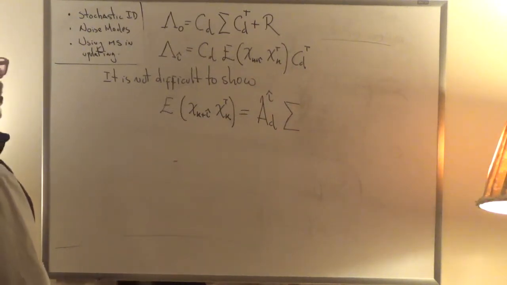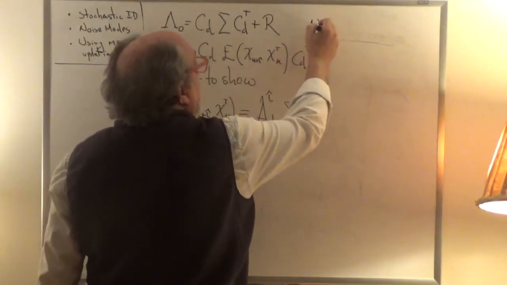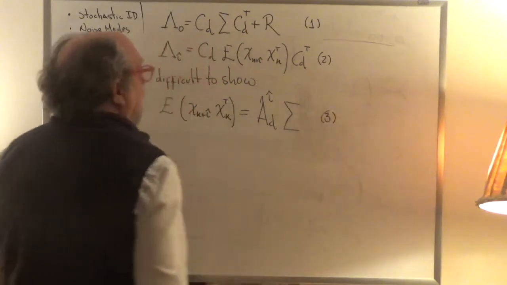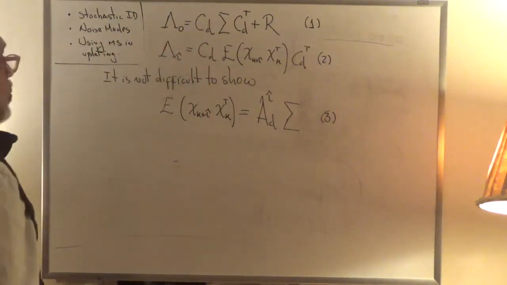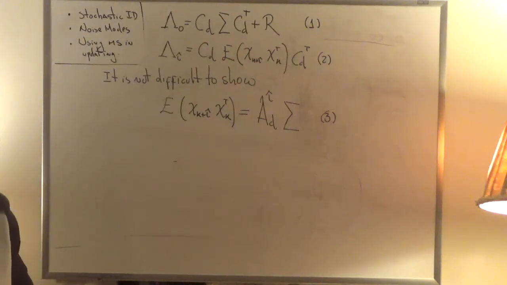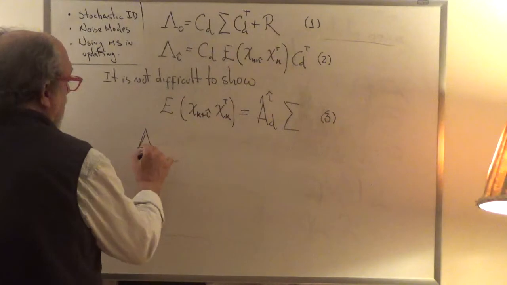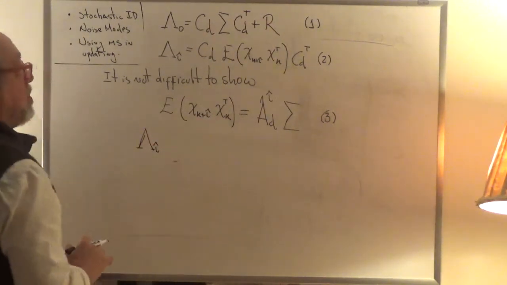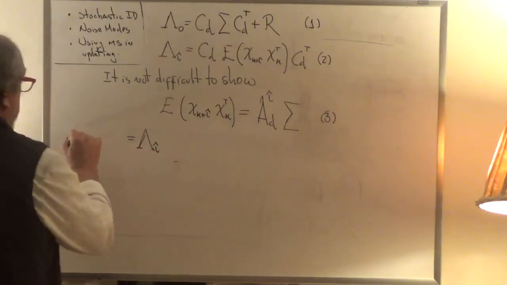Now, the point is to say, okay, if this is equation 1, and this is equation 2, and this is equation 3, then the point is to take equation 3 and substitute it in equation 2. So then we say lambda capital shifted I, which we should remember is the expected value of the output. Actually, I should emphasize that.